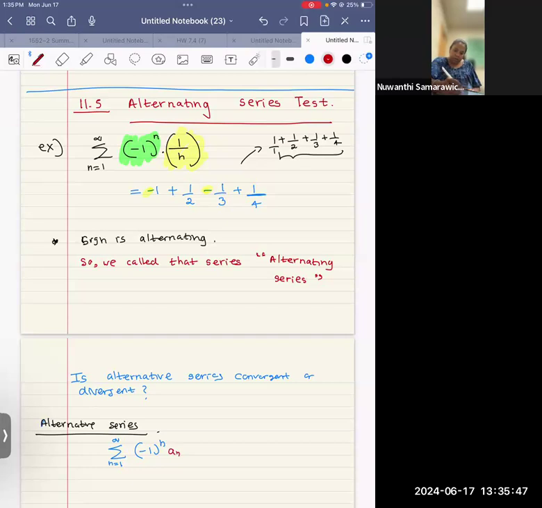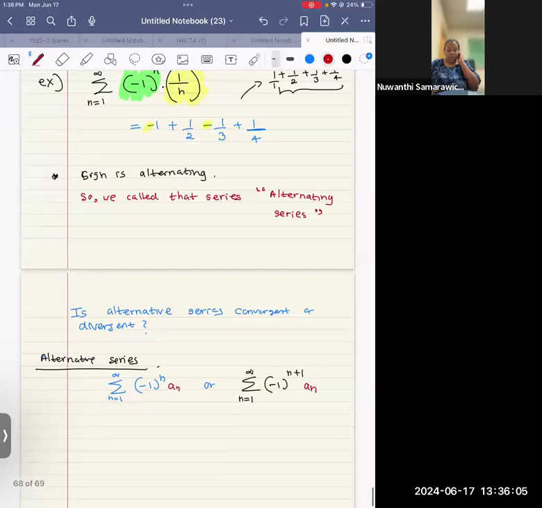or also sometimes it will look like this: n equals 1 to infinity, -1 to the power n plus 1, a sub n. It's the same thing. So these are called alternating series.